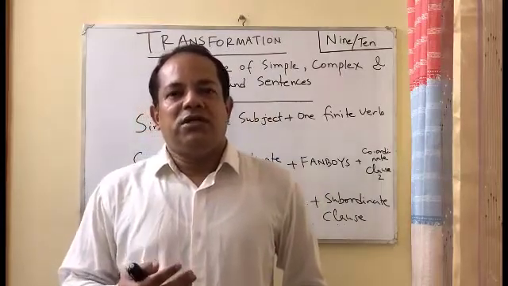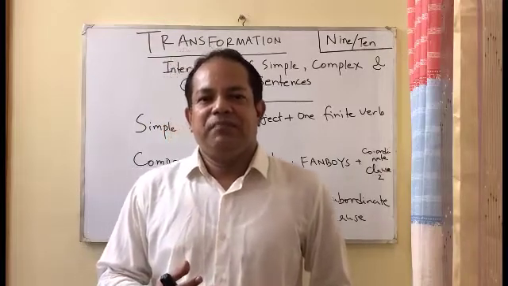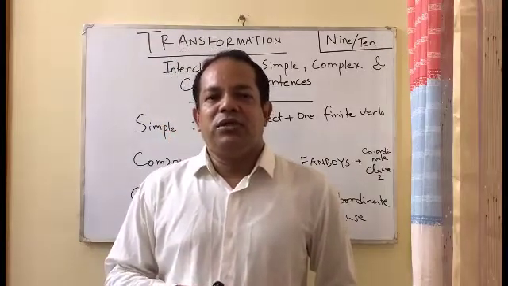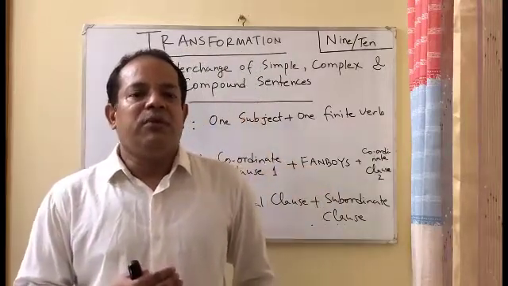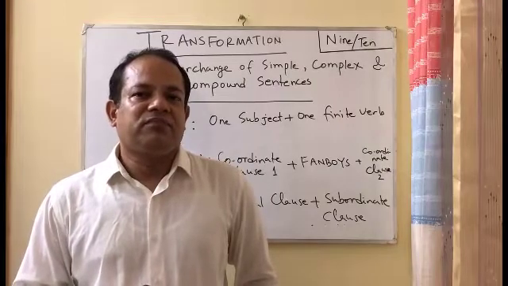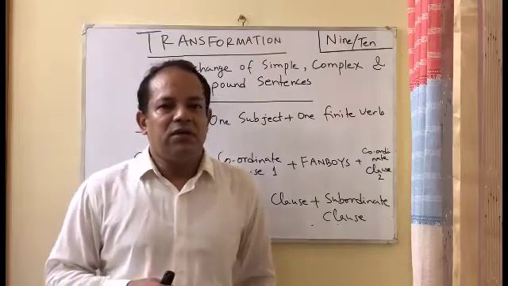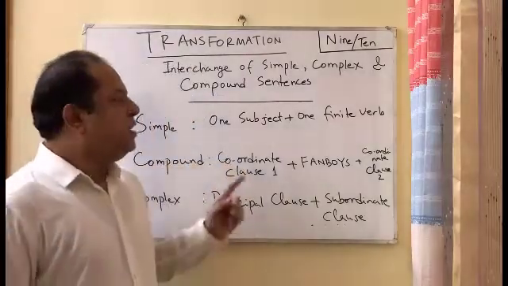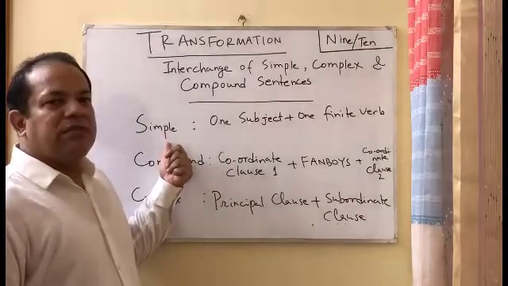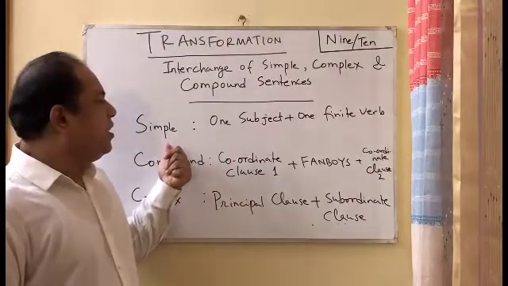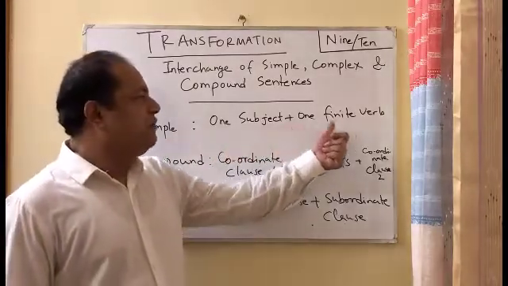So before we start, I would like to give you some ideas. So these ideas, I think, will help you a lot in changing simple, complex and compound sentences. Okay, so let's see on the board. On the board you see that in simple sentence we have written here one subject plus one finite verb.